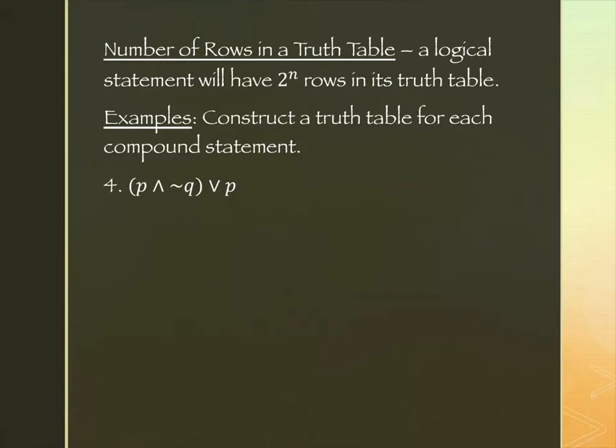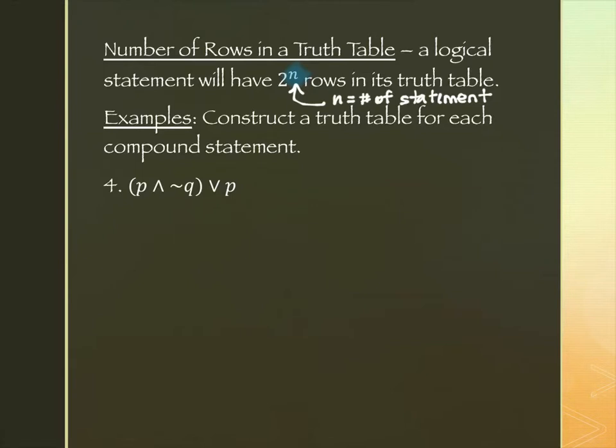and the n is the number of statements. So this n right here represents the number of statements. Now, the 2 examples that I've done full truth tables on had 2 statements.